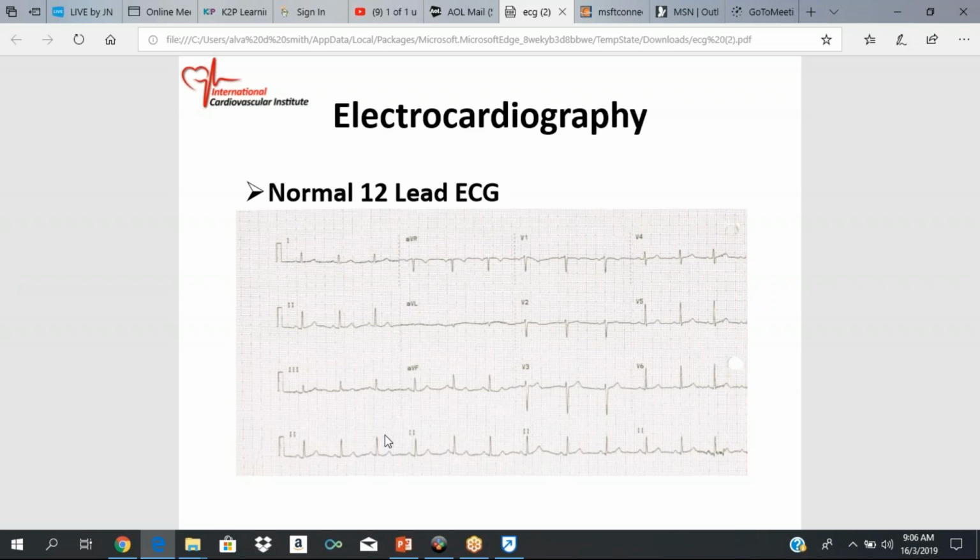If you look closely, you can see that each big box has 5 small boxes inside. So each big block has 5 small blocks. The ECG paper is gridded, and if it's not gridded, you can't tell the rate.